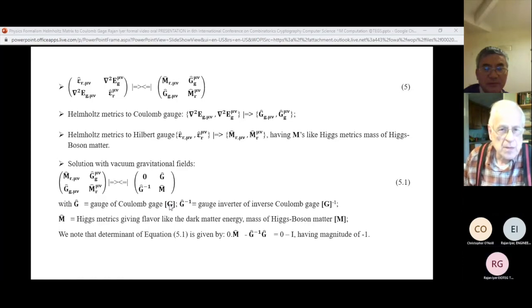So we can gauge it step by step to the level we need, all the way to gravitation. So this is the idea, and I'm presenting it for a formal presentation at the 6th International Conference on Combinatorics, Cryptography, Computer Science, and Computation this month, November 17th to 18th.